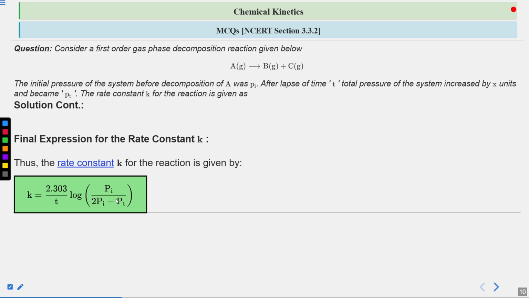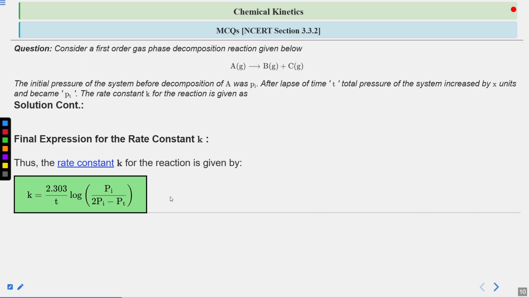So that's why we write the rate law in the form of pressure, and our final expression for the rate constant comes out as 2.303 divided by t log of p initial upon 2p initial minus p total. And this will be the correct answer.